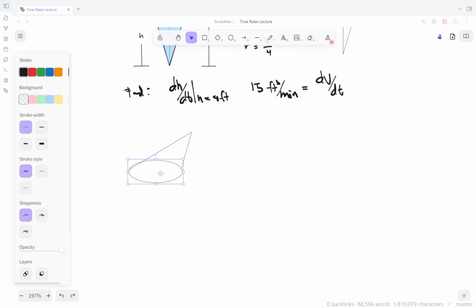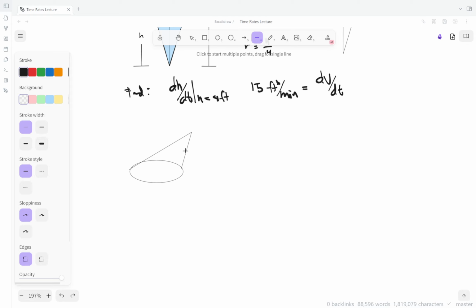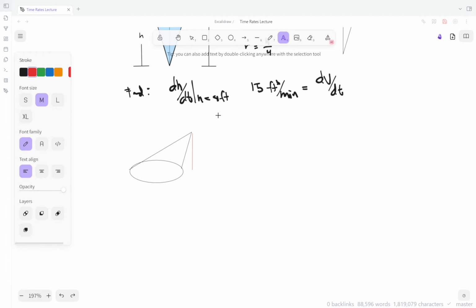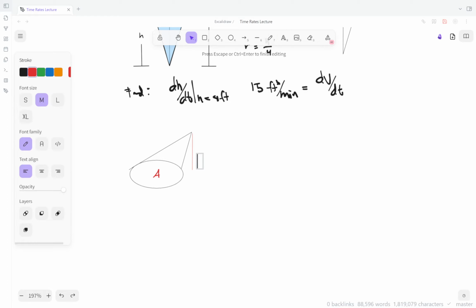Now just imagine this is a cone. When you want to find the volume, you're interested in this part right here, the area right here. Let's put the A.